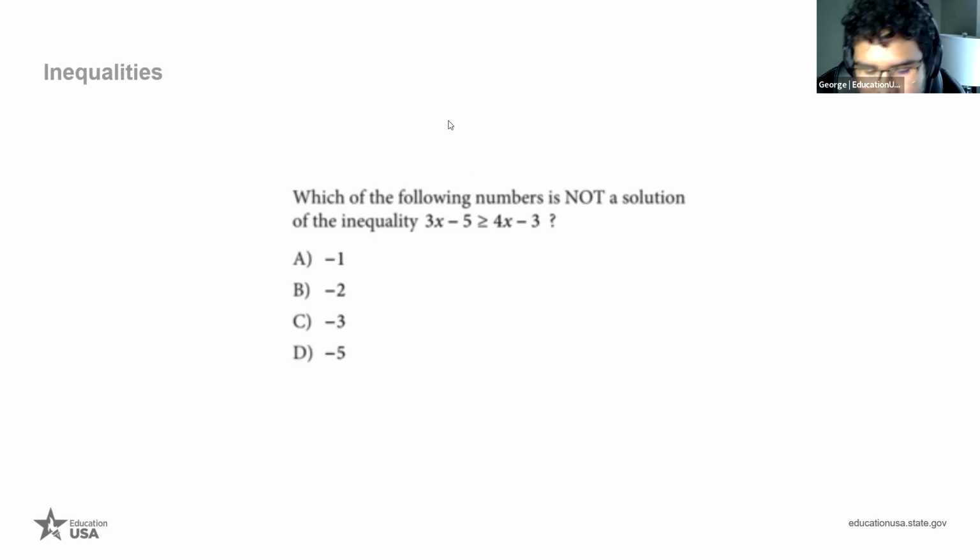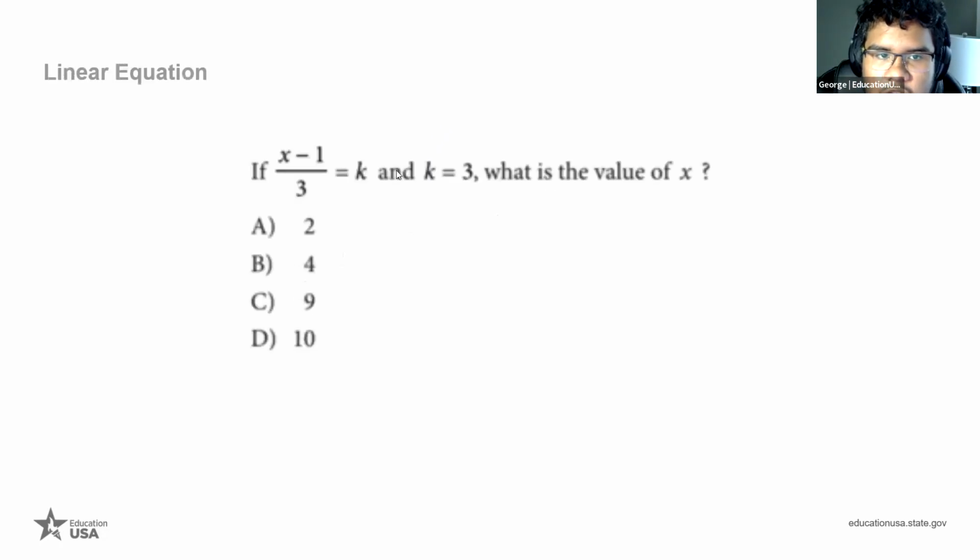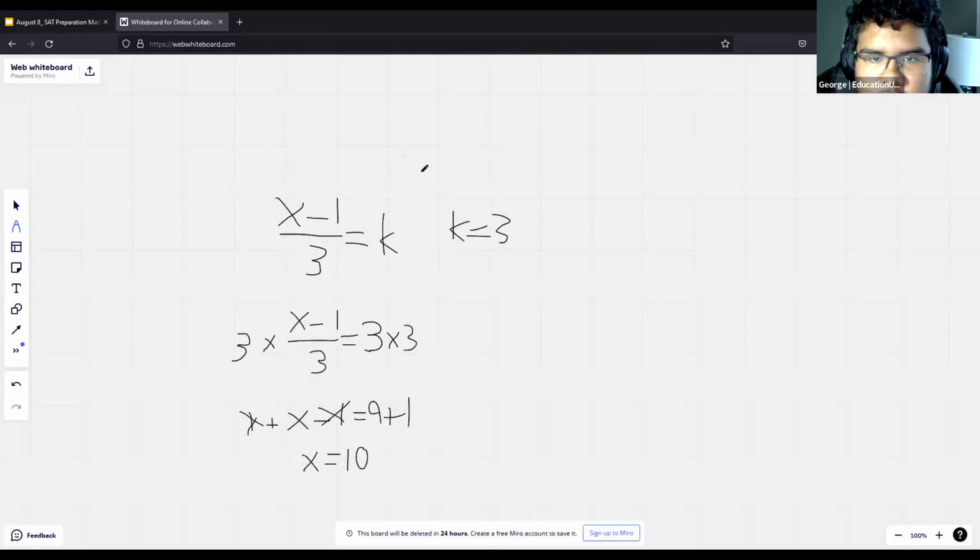Oh, Samuel, you're asking about the previous question here. How do you get to 9? Okay, before we get to the inequality, I'll go ahead and show this again. The problem started with x minus 1 divided by 3 equals k.